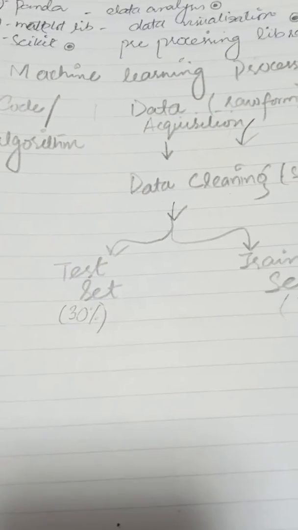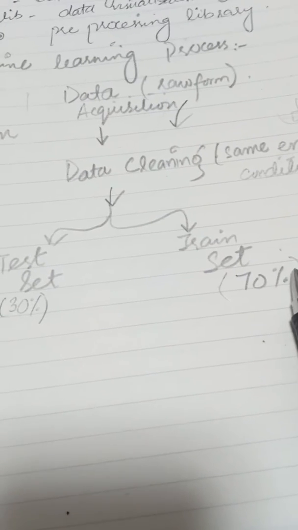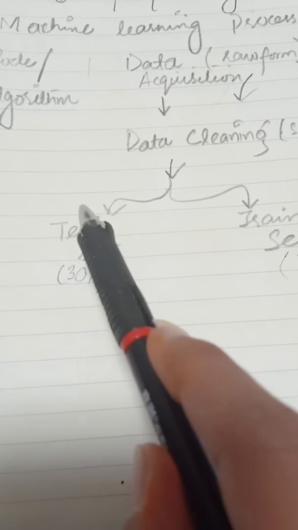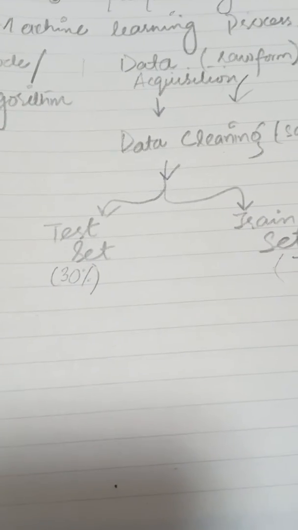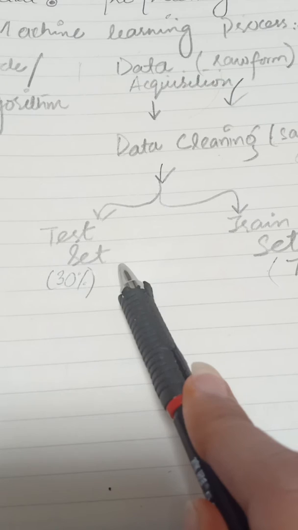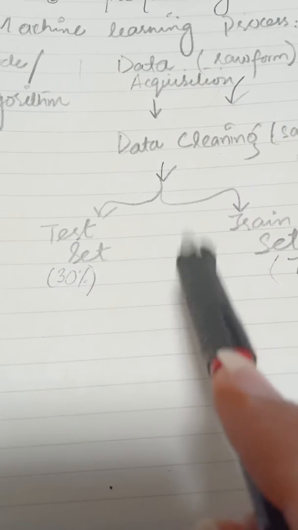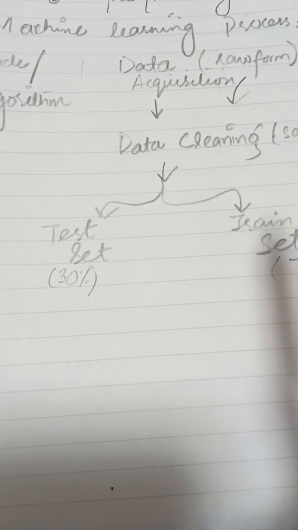The purpose of dividing this is that you will train your model, you will apply your algorithm on the training set, but we separate 30% of the data, normally 30%, maybe it varies. You separate 30% of data that has never been seen by the machine. Like a human can easily recognize that they have seen a picture before, it is the same with the machine.